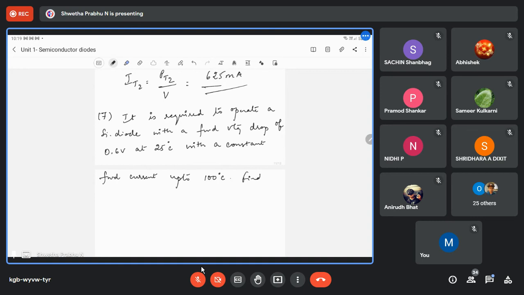Find, first sub question: the forward voltage drop at 100 degrees Celsius.